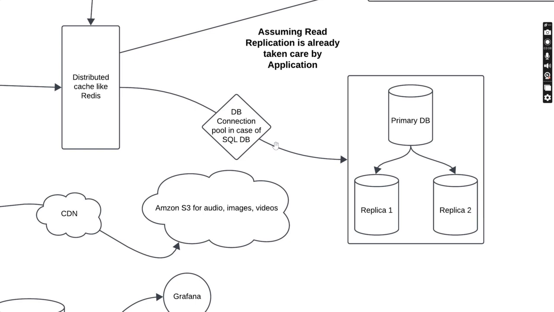There is a configuration that defines the maximum number of connections that can be created with the database, and there are other configurations, like a connection will be destroyed if it has been sitting idle for quite a while. So these are the configurations that we can make in case of a database connection pool.